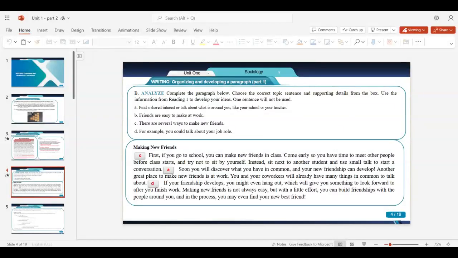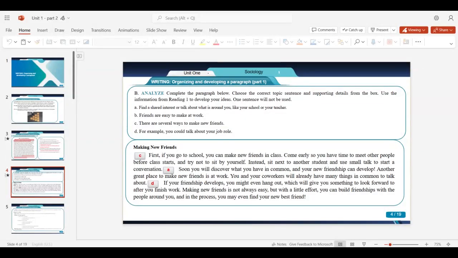One sentence will not be used. Here we have A, find a shared interest or talk about what is around you, like your school or your teacher. B, friends are easy to make at work. C, there are several ways to make new friends. And D, for example, you could talk about your job role.